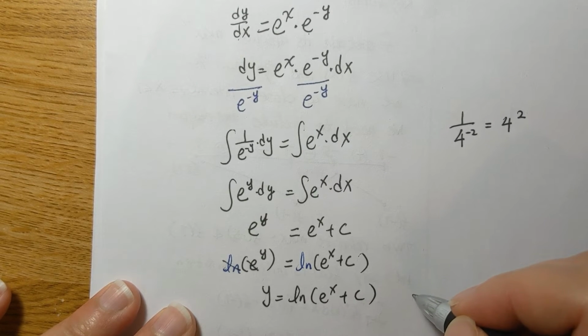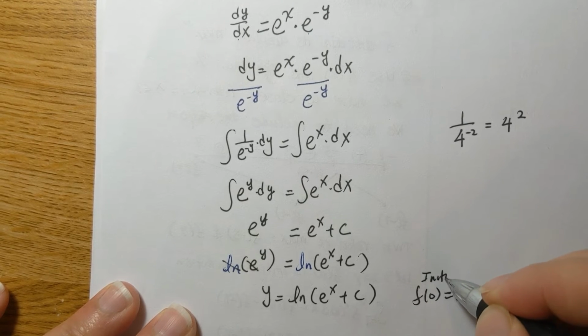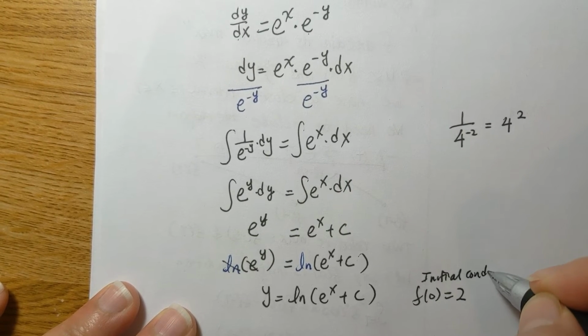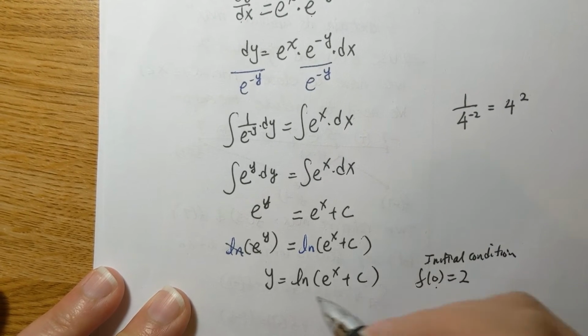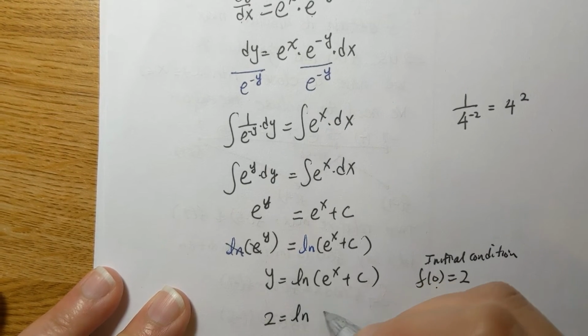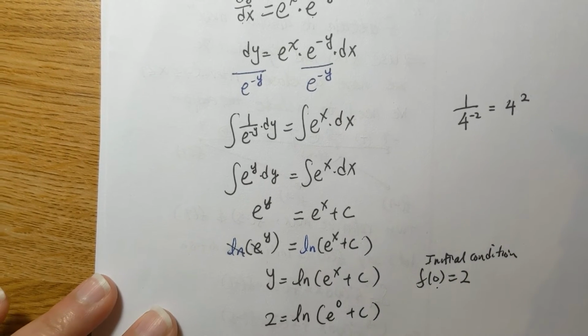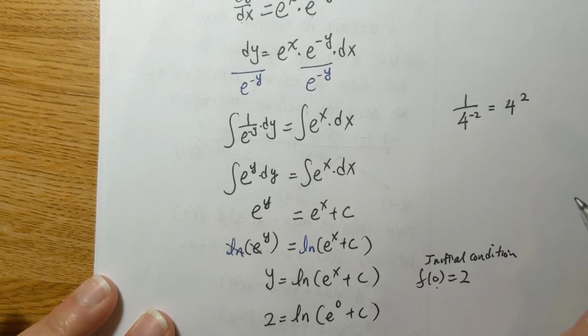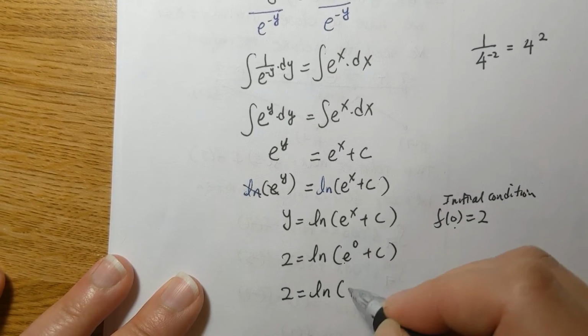So now we're going to use f of 0 equal to 2. That's the initial condition. So when x equals 0, y equals 2, so 2 equal to ln, and then we got e to the 0 plus c. And then we simplify it, so we got 2 equal to ln, e to the 0 is 1.